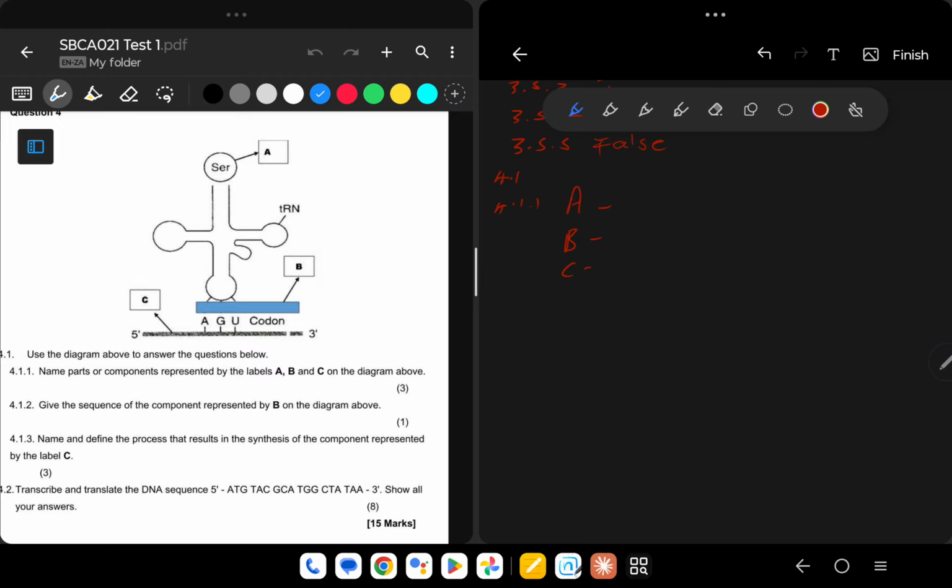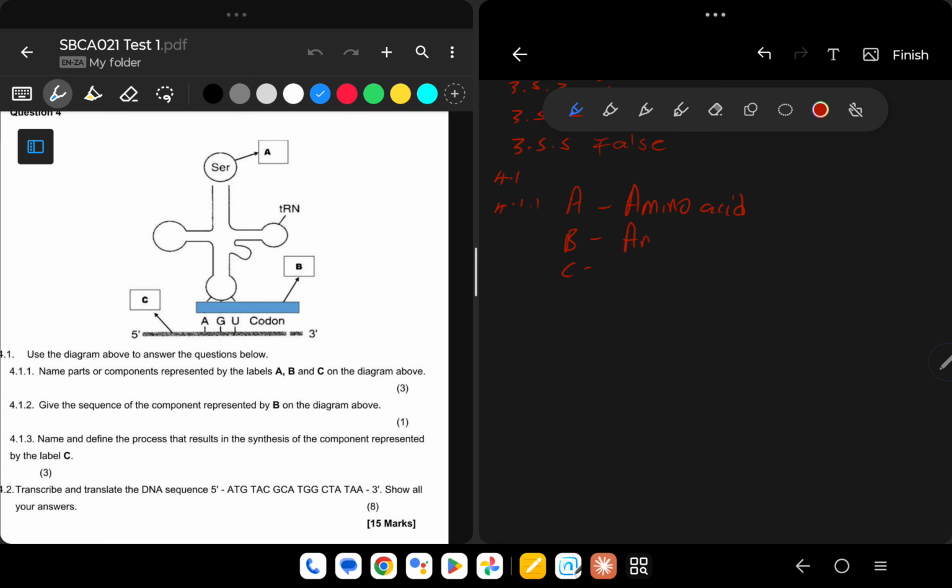Now, we see SER, and we can tell that this is a transfer RNA. A transfer RNA, what does it do? It carries an amino acid. So what is being carried there on A is an amino acid. And then B, what is it? That tells us we have an anticodon there, because we know that at the base of the transfer RNA we have anticodons.